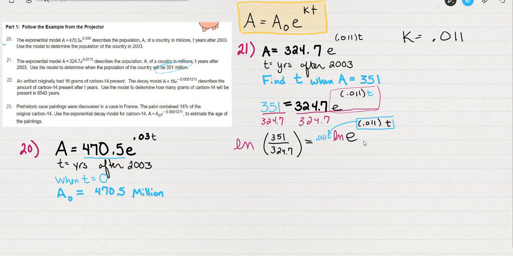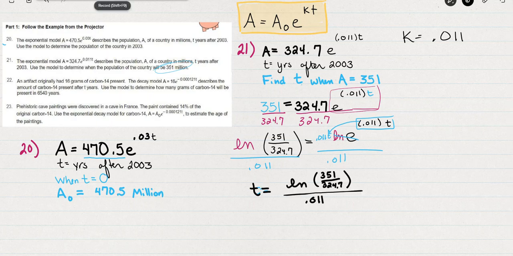So now I can see that the natural log of e is 1, and if I divide both sides by 0.011, I'll have t. So t is equivalent to the natural log of 351 divided by 324.7, all divided by 0.011.